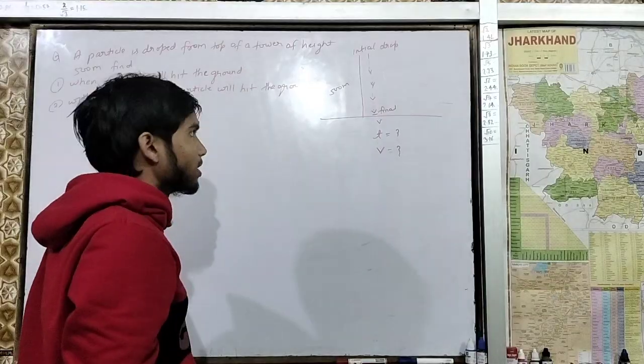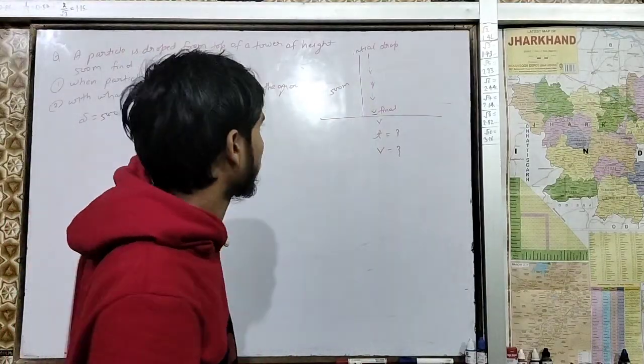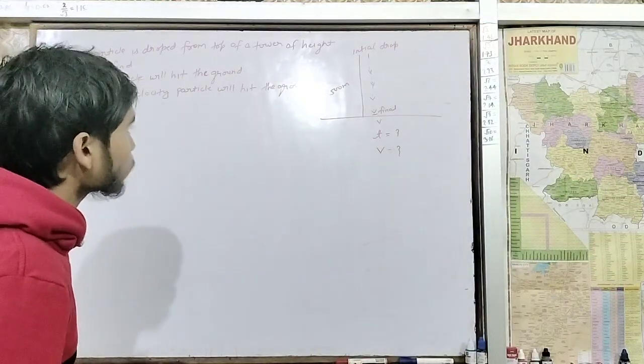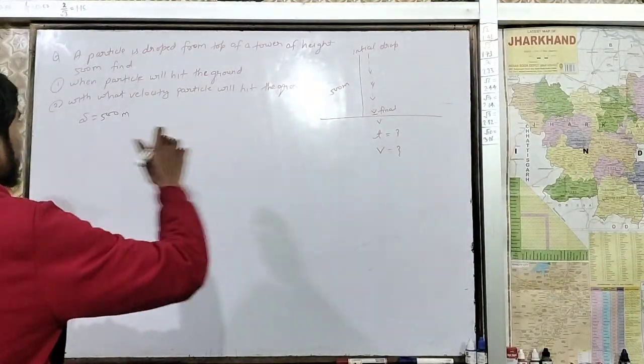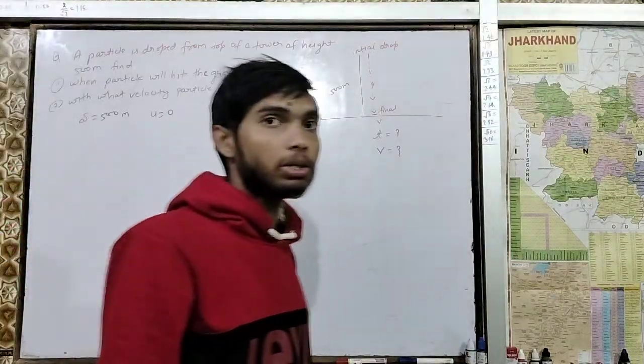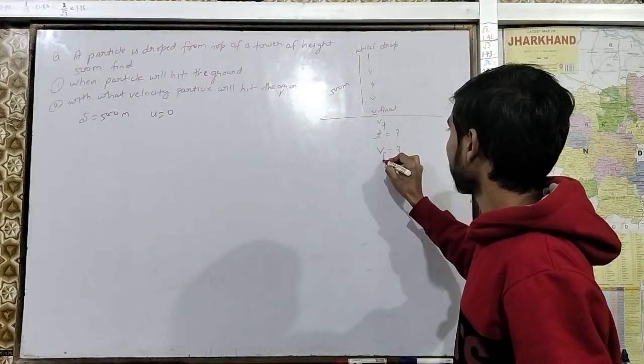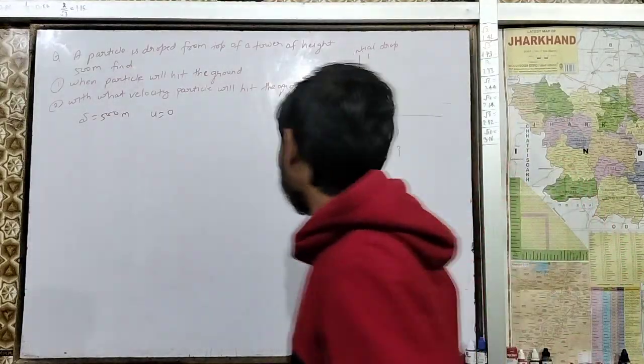One thing you will have to consider. So let's consider this downward as positive. Initial velocity will become 0. This is our final velocity.